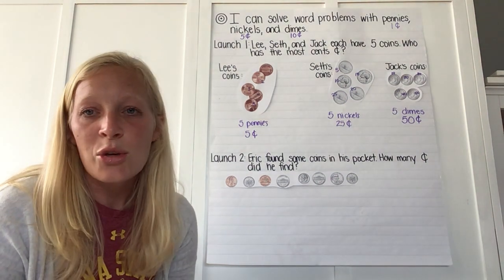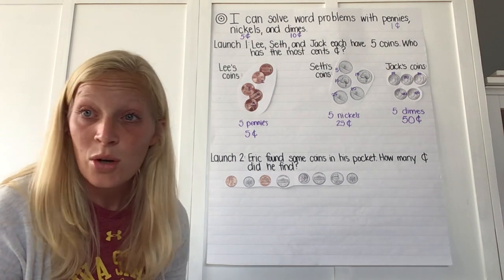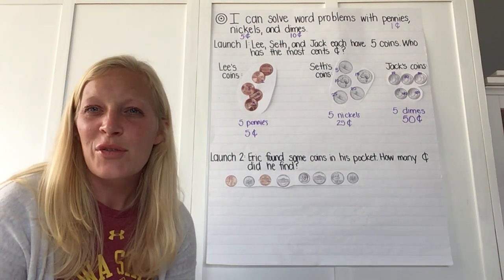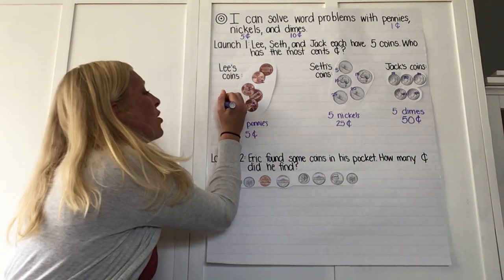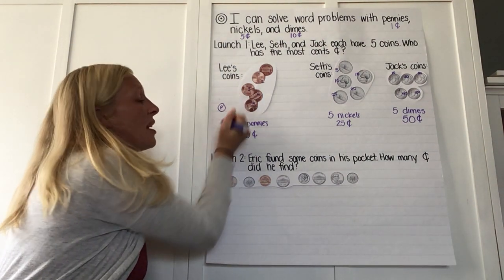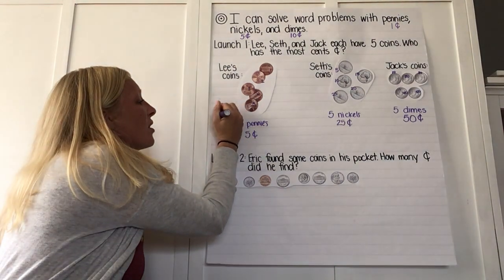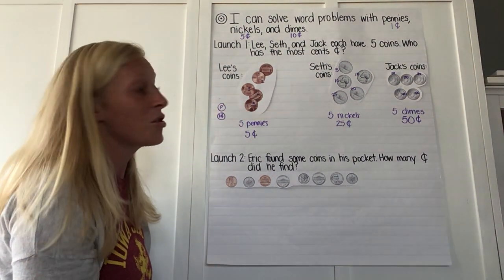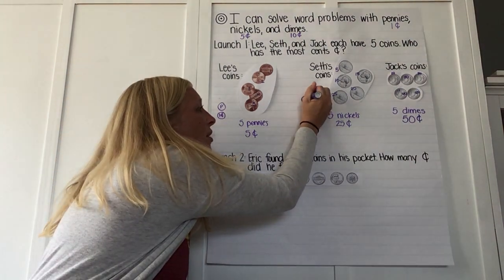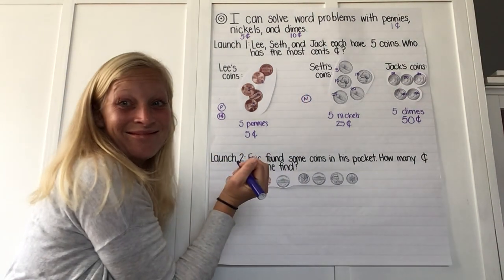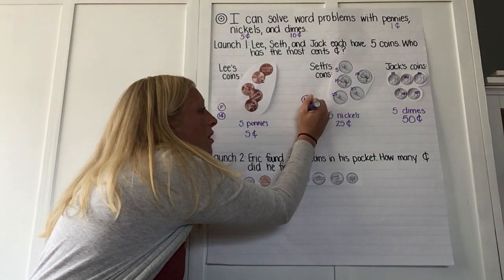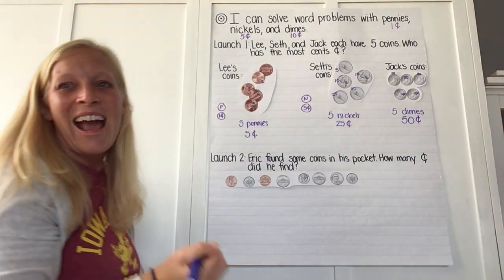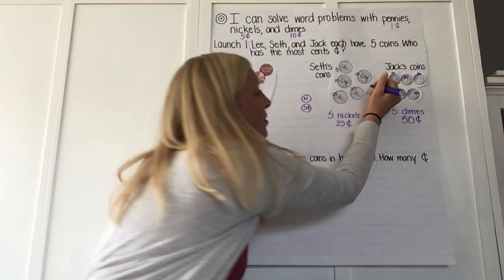Now remember, you can use your plastic coins, you can use real coins, you can even draw them. So if you're drawing pennies like these, you might draw a circle with a P on the inside, or a circle with the 1 cent on the inside. When you're drawing your nickels, you could draw them with a circle with an N for nickel, or a 5 cent on the inside. And that same thing with our dimes.